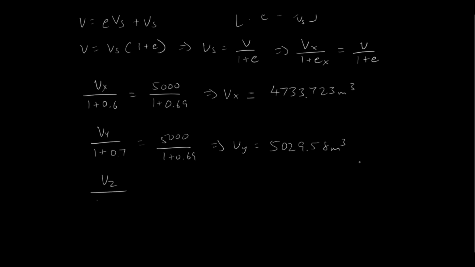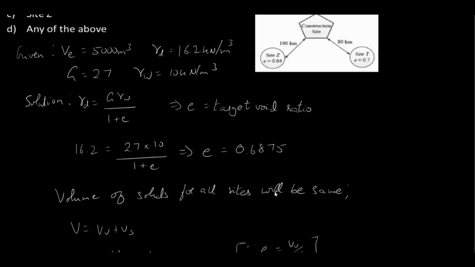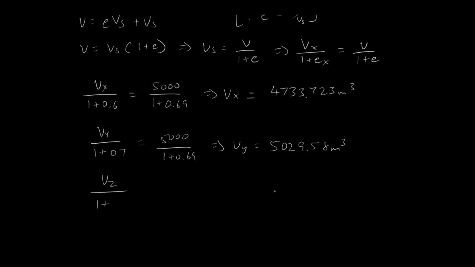Same for site Z, Vz by 1 plus ez. We'll see what is the void ratio for site Z. It is 0.64, which is equal to 5000 divided by 1.69.